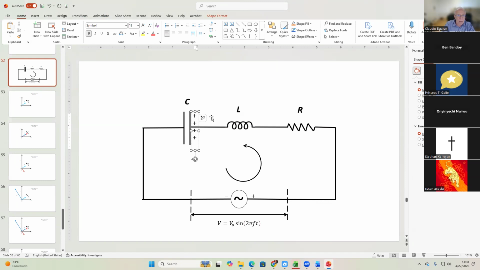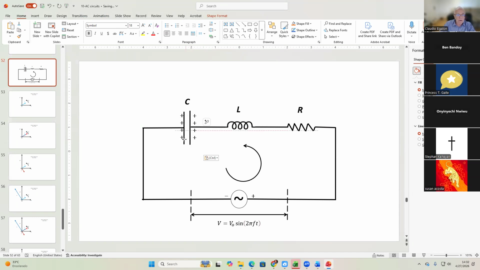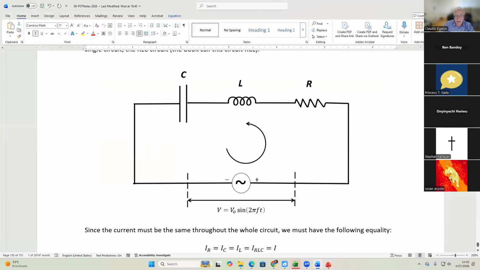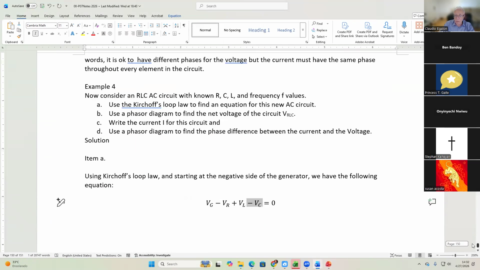Yeah, it doesn't want to do what I want. I'm just going to copy and paste on the other side. And here must be a negative polarity. Negative and negative. That's why we have a negative sign in the voltage of the capacitor. That's why we have a negative sign here.